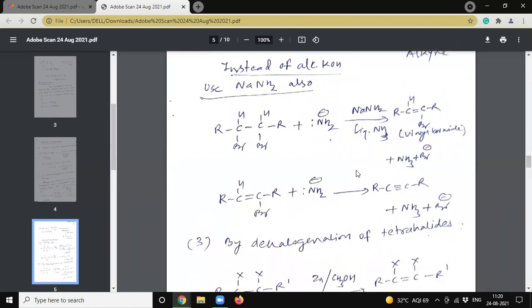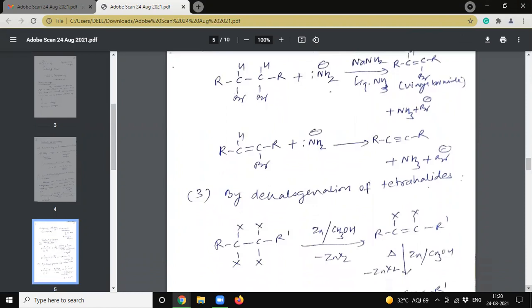Instead of alcoholic KOH, we can use sodamide also. Suppose this sodamide is used with a dibromoalkane, then it will give first vinyl bromide, and on further treatment with sodamide, it will give this alkyne.